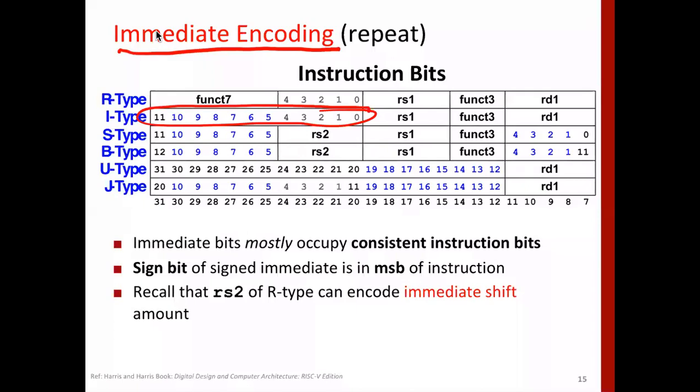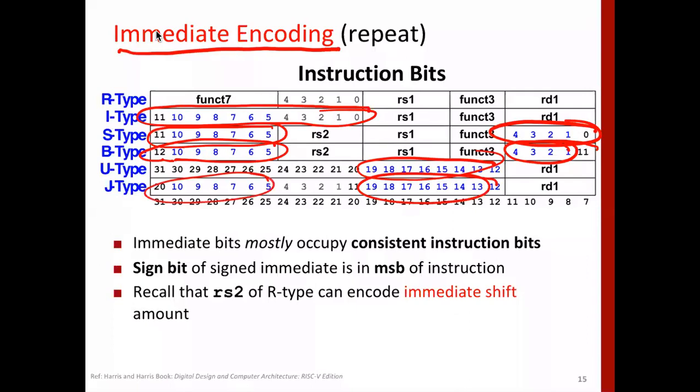In the S type of instruction, we have some fields where we give data values directly. In B type we have fields here where we give data values directly, in U type we give them here, and in J type we give them here. There is also an I field, and there is one R type of instruction where you have immediate data values.